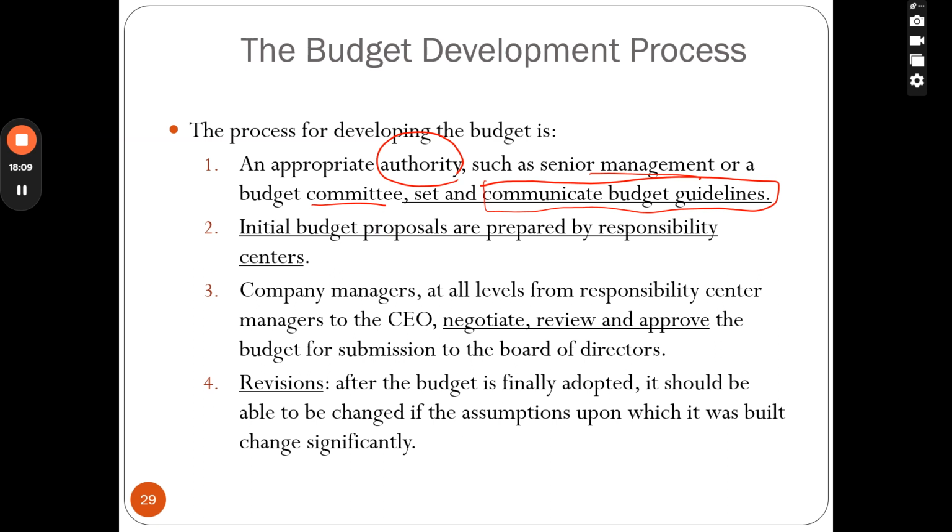Then initial proposals are prepared by each department. Then company managers at all levels, from all the responsibility centers or departments up to the CEO, will negotiate, review, and then approve the budget for submission to the board of directors.